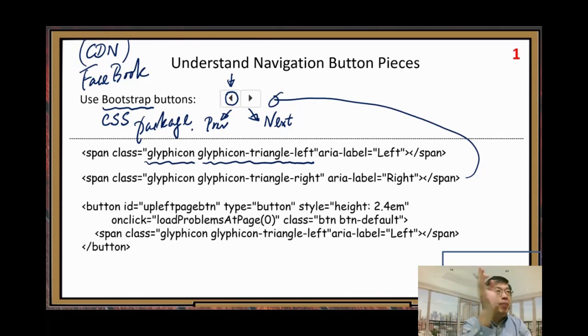Next, we add a button. We add a button element, also from the Bootstrap package. Here, the type is button, and the class. In the Bootstrap package, the button uses this kind of style, the rounded rectangle shape.